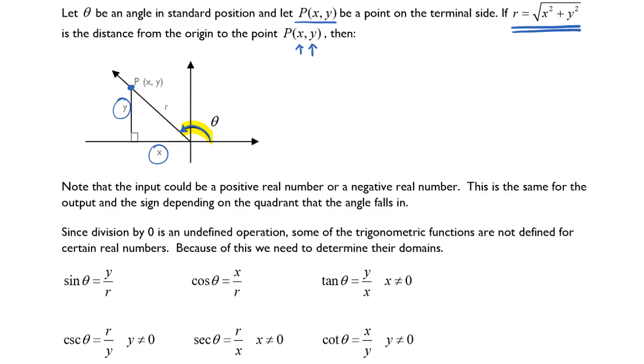Note that the inputs could be a positive real number or a negative real number based on how far we rotate through the xy axes. So if we were rotating so that our terminal side had a terminal point in the fourth quadrant, x would be positive and y would be negative.